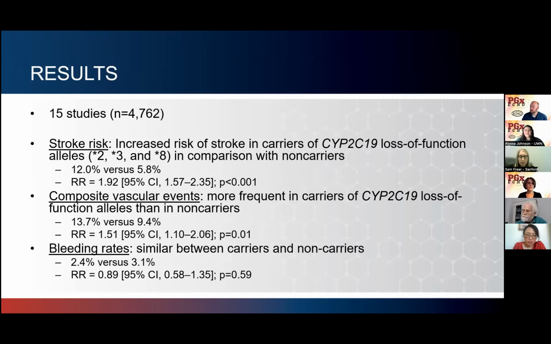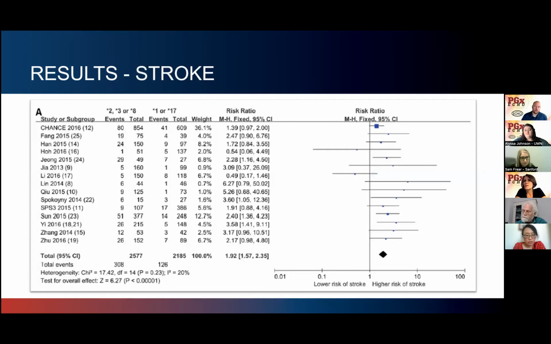So those alleles of 2, 3, and 8 having that increased risk of stroke in comparison to our non-carriers, which was found to be statistically significant. And then in the composite for the vascular events, there were more frequent events in those carriers of the 2C19 loss of function versus our non-carriers, which was also statistically significant, but no statistically significant difference in our bleeding rates between the carriers and the non-carriers.